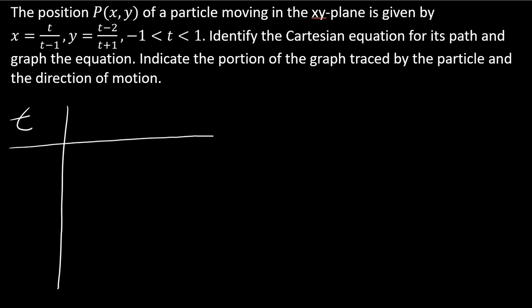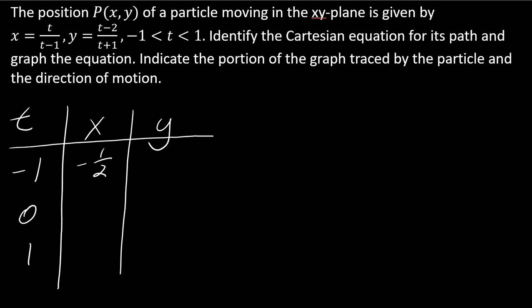So let's see, I'll have t, x, and y. So this is going to be negative 1, 0, and 1. I'll start with those. So if I plug in negative 1, I'm going to get negative 1/2. And then for the other one, I'll get a problem, right? So this one is actually not applicable.